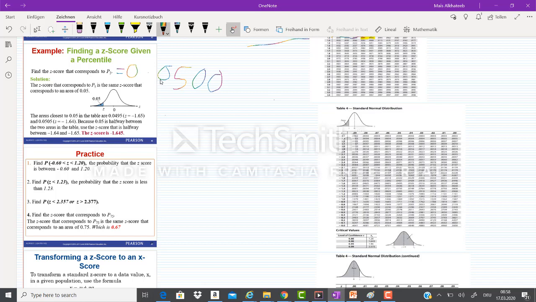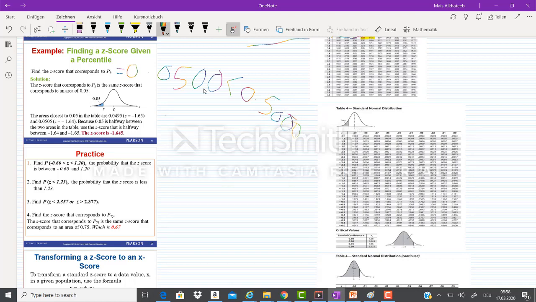Now I want to search for this value. This value is in the negative table because it's smaller than 0.5000, so I have to search in the negative table.